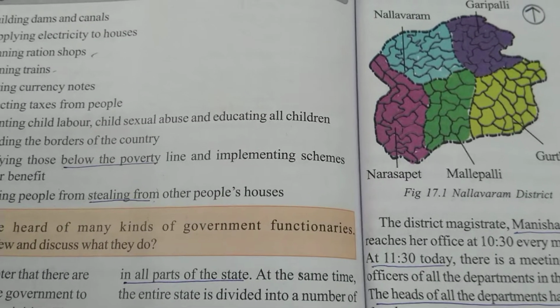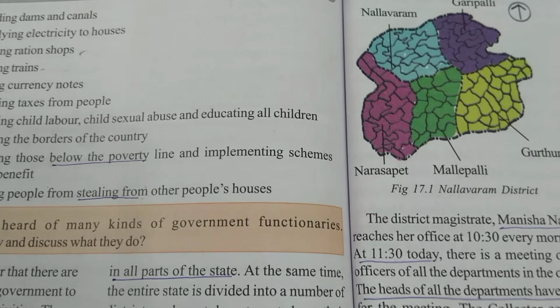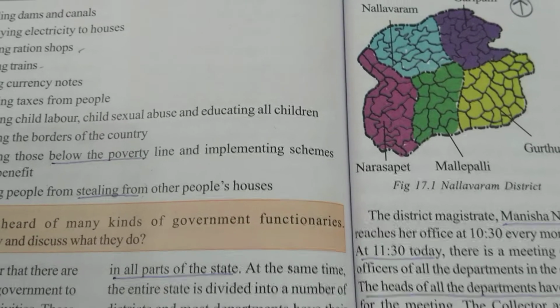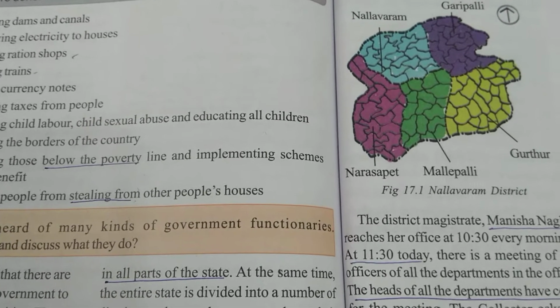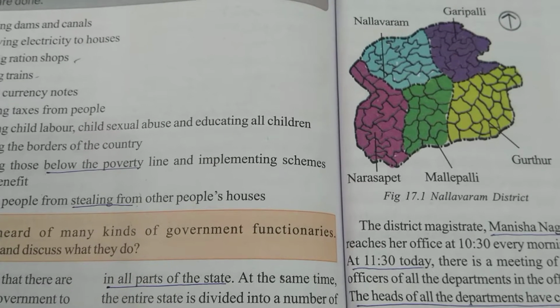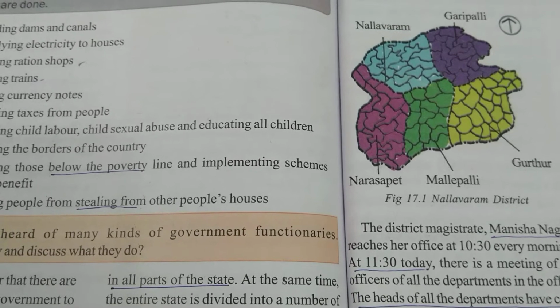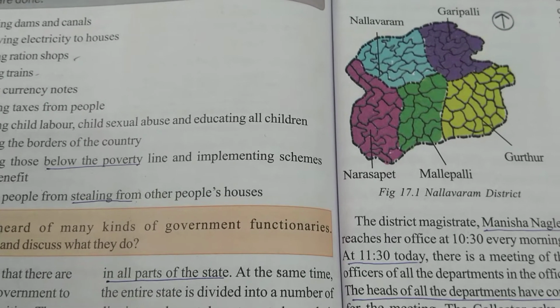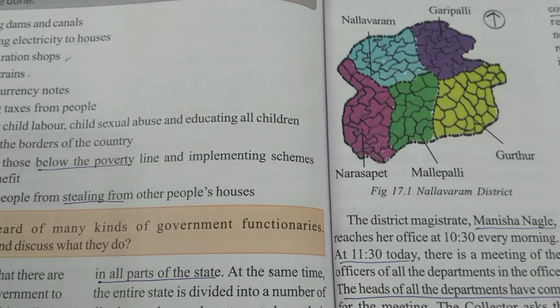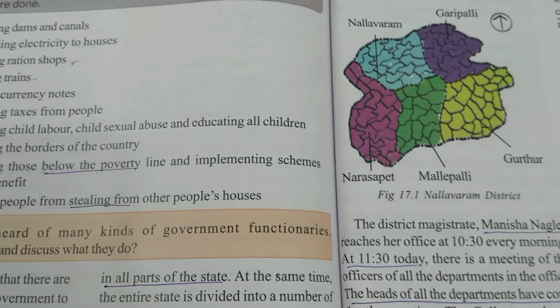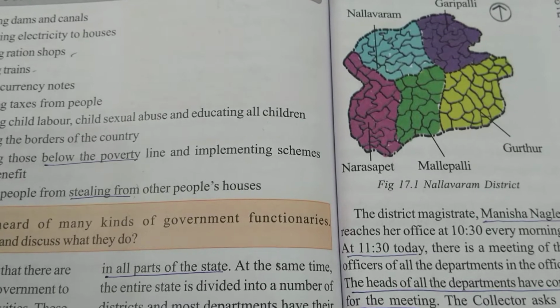At the same time, the entire state is divided into a number of districts, mandals and villages. Most departments have their offices for the implementation of the government laws and plans in every district.